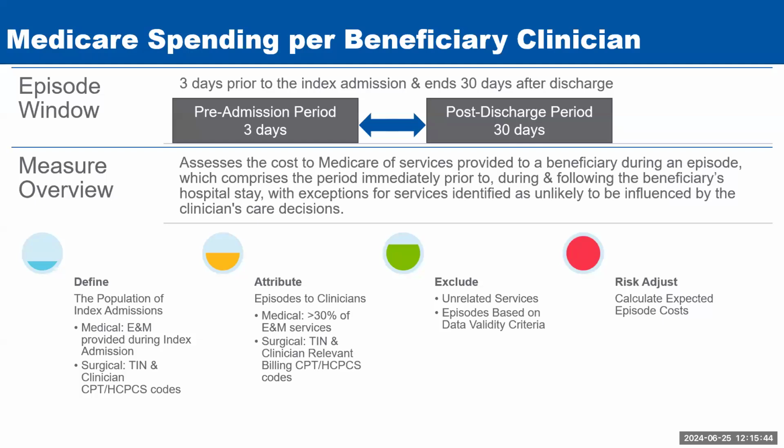And then finally, CMS does risk adjustment, as with all of their measures. They want to reduce that variation in clinician costs to identify only those costs that a physician could reasonably influence. So you're not going to have those costs associated with a condition or an E&M line that doesn't relate back to that index admission.